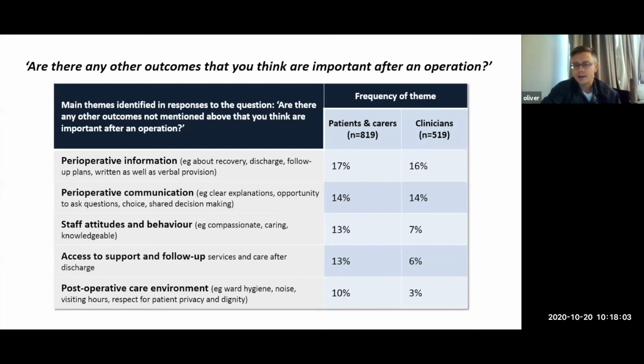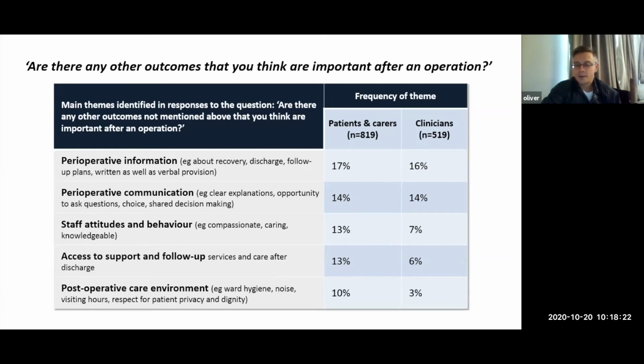And you'll see again, if you look at the top 2, there's pretty good agreement between patients and carers and clinicians that information and communication are very important. So these were themes that came out in a similar proportion of comments between patients and carers and clinicians.